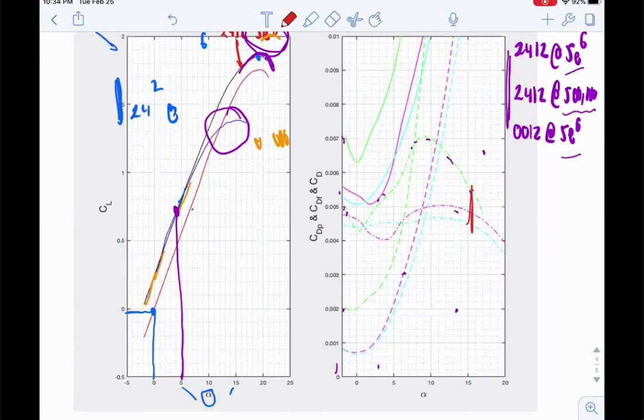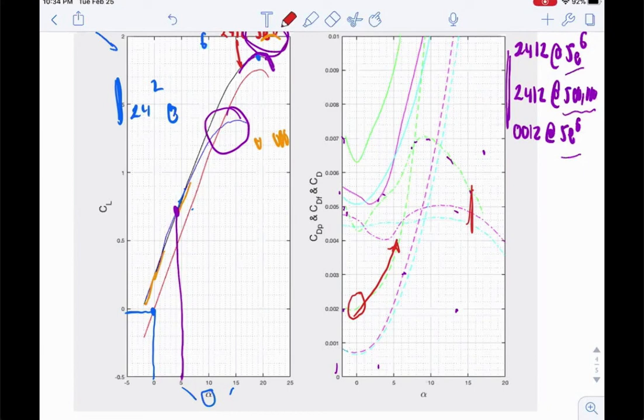Then we were able to see that this green line has higher viscous pressure drag to begin with, and it increases rapidly at a lower angle of attack than these other 2 curves. From that, we deduced that it's probably the low Reynolds number case, which has an earlier stall and a more rapid increase in viscous pressure drag as you increase the angle of attack.